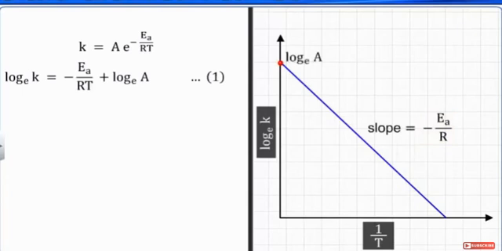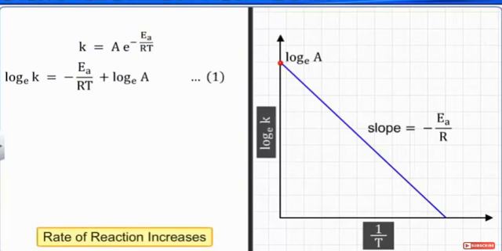From the graph, we can see that as the temperature increases, the rate constant increases exponentially, and the activation energy decreases. As a result, the rate of reaction increases.